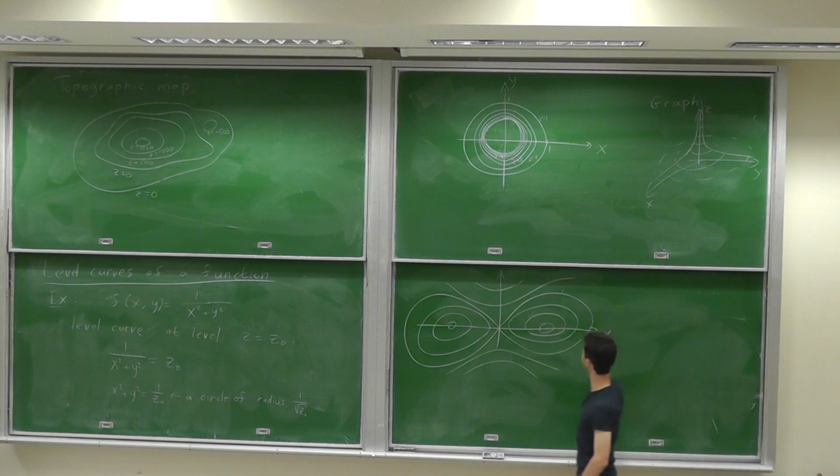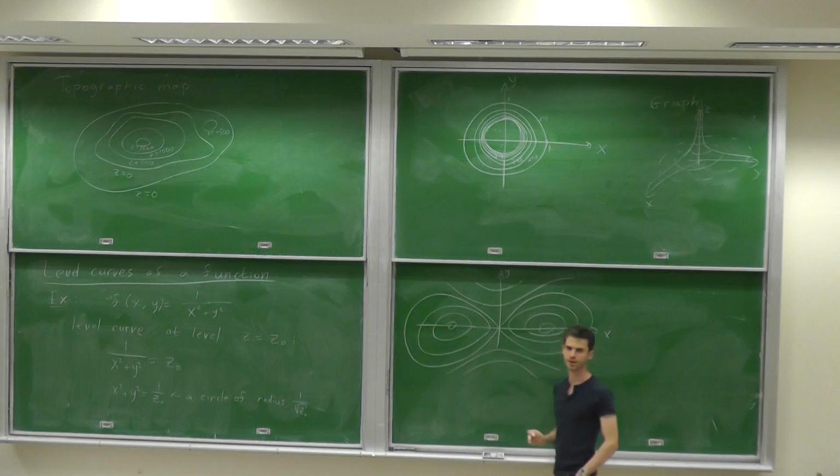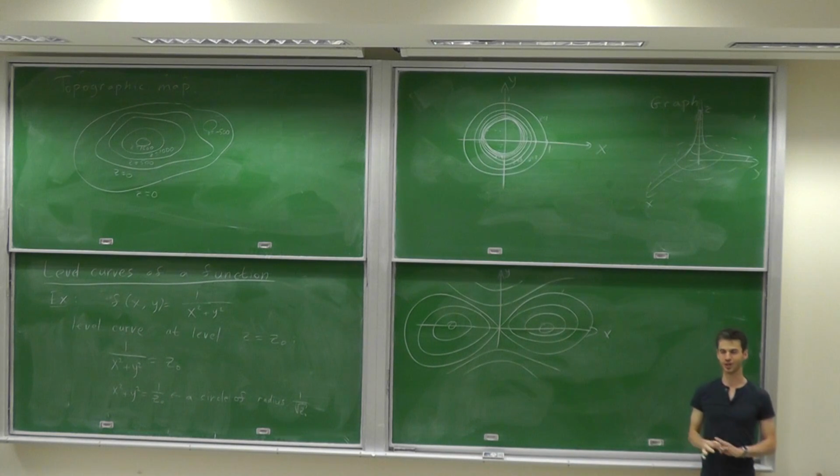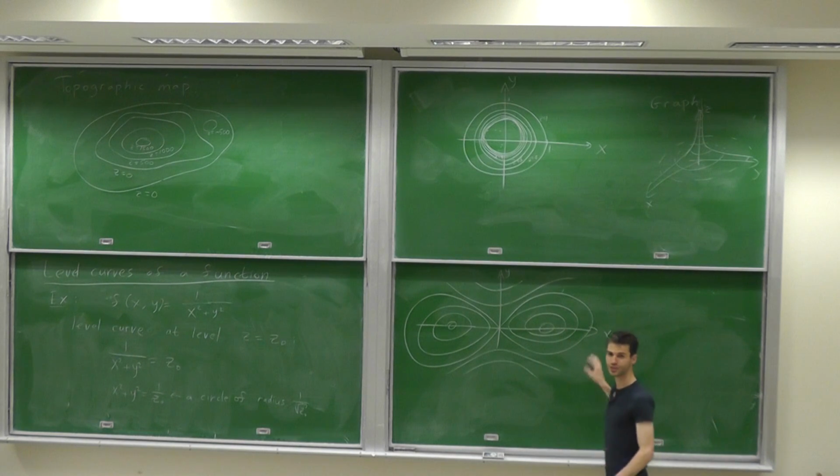This is almost the kind of picture that I want. It is a set of level curves of some function. What can we say about this function?